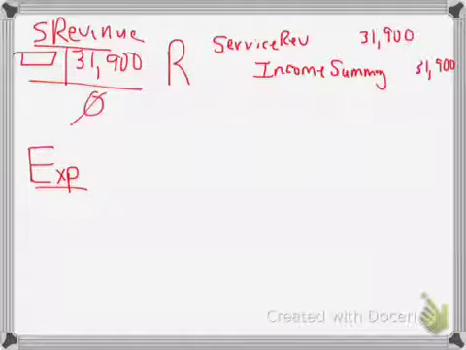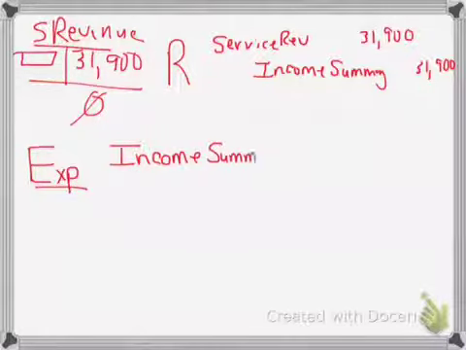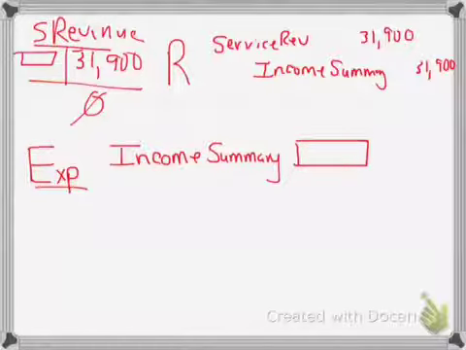So in looking at this, what I suggest is that you are going to be closing these to income summary. Go ahead and write out income summary, put a box there in the debit, because that's something you're going to have to go back and fill in. Then you start listing all of your credits, which are your expense accounts.